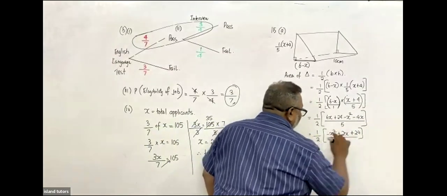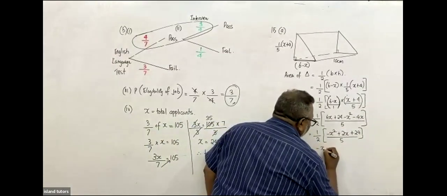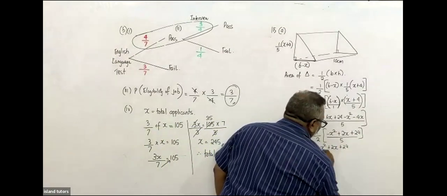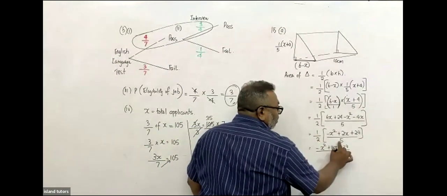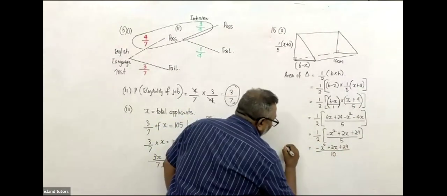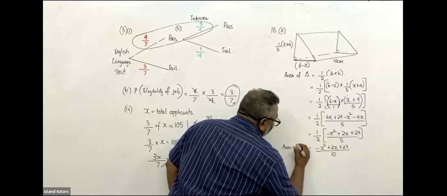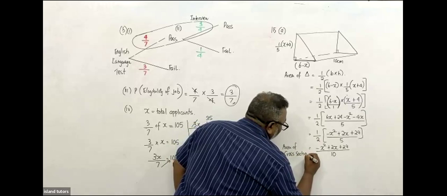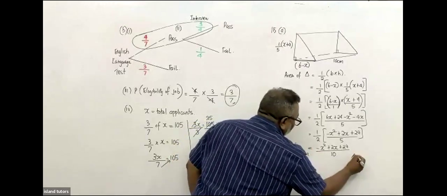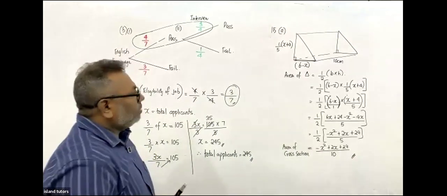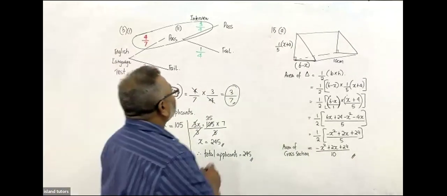Half multiplied by this, you are getting minus x squared plus 2x plus 24 over 2 multiplied by 5. You are getting 10. So the area of your cross section is equal to this. Okay, right. That's the first part of the question.